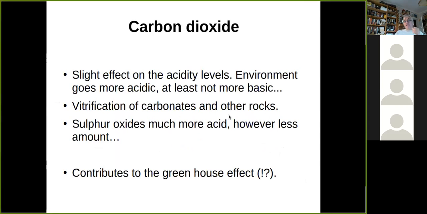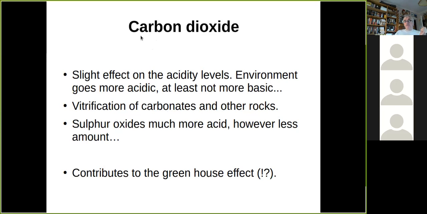Another thing that contributes to acidity, as well as a lot of other things, is carbon dioxide. And this is maybe nowadays mostly heard about in the circumstance of global warming and some kind of greenhouse effects.